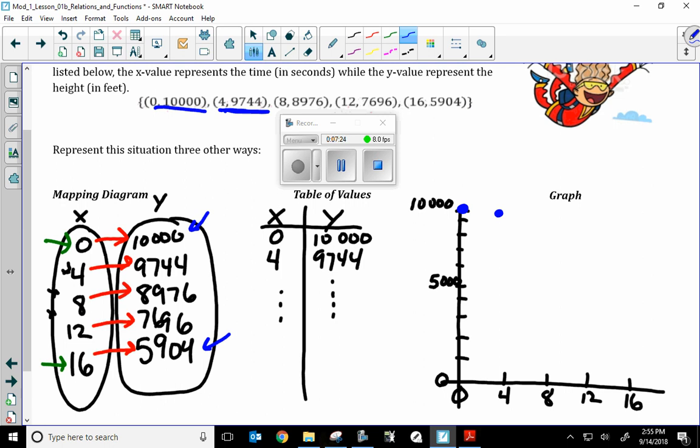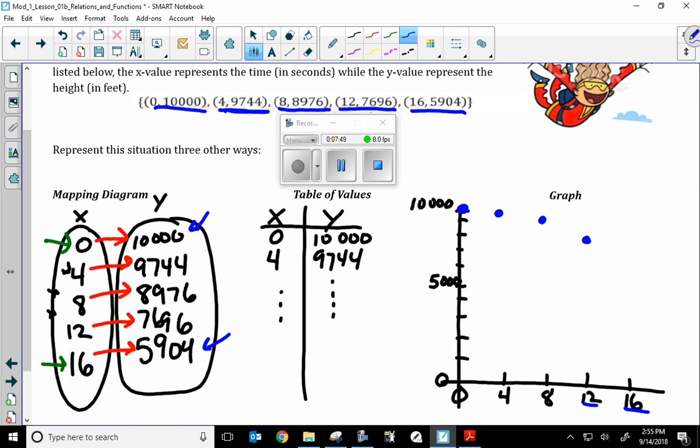The next one is 8, 8976. So I go to 8, and I go to just about 9,000, and then right around there. At 12, 7696. So I go to 12, and they go up to 7696, which is almost 8,000, somewhere around there, give or take. And last is 16, 5904.